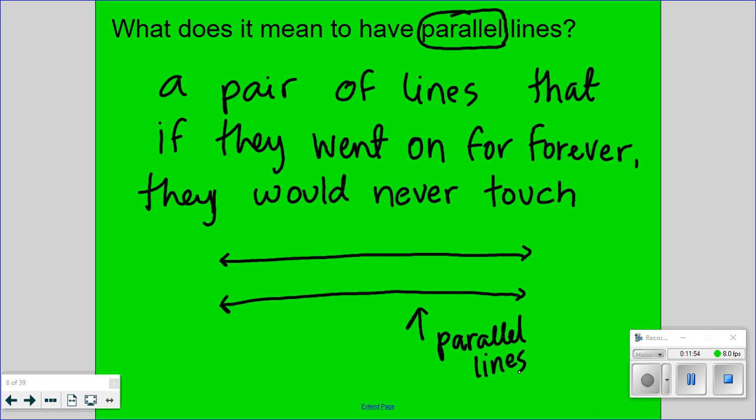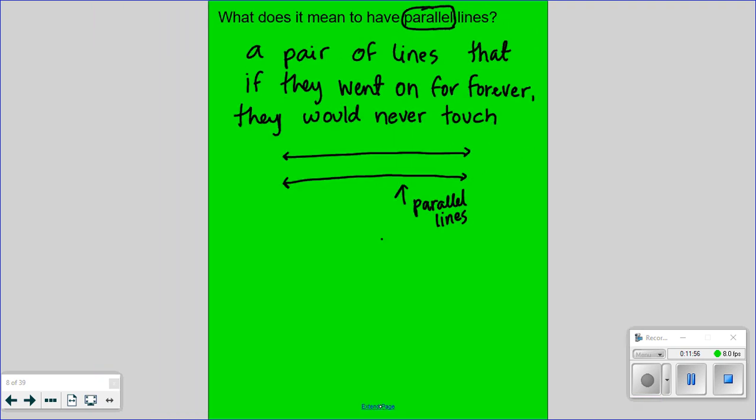So we're going to do another example. This time, I want you to draw one line going like this, and then one line going like this. One going diagonal and one going straight.